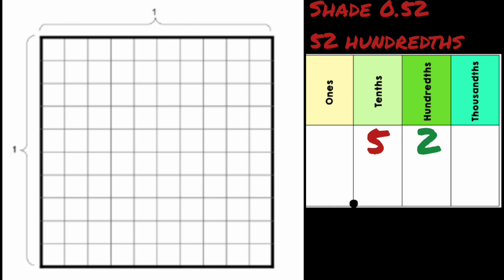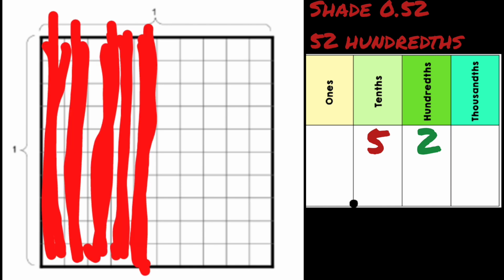So this time we're going to color in 5 of the sticks, like I called them before, because that's our 5 in the tenths place. Then we're going to color in 2 of the small boxes, because those 2 represent 2 hundredths, and each one of the small little tiny squares is 1/100. So 5 sticks and 2 small boxes are colored in for this one.